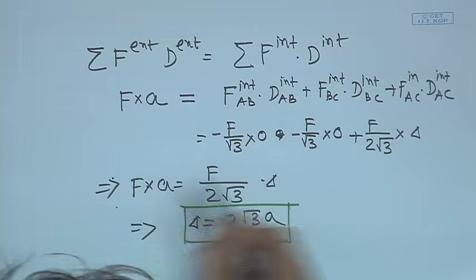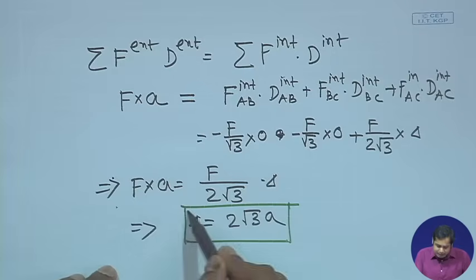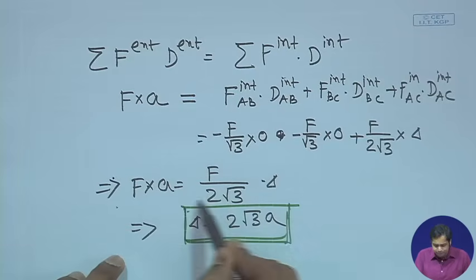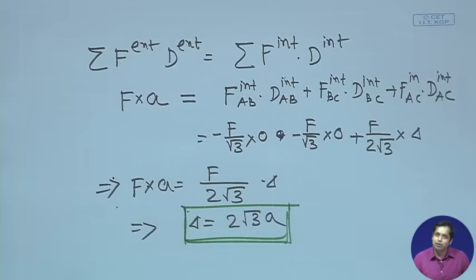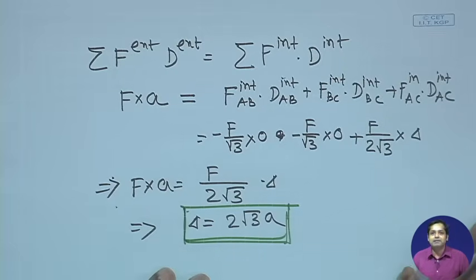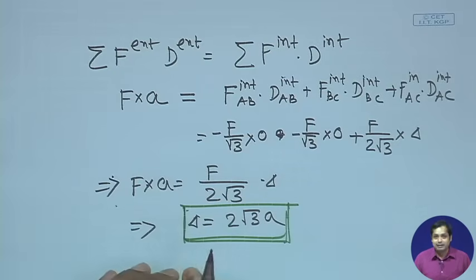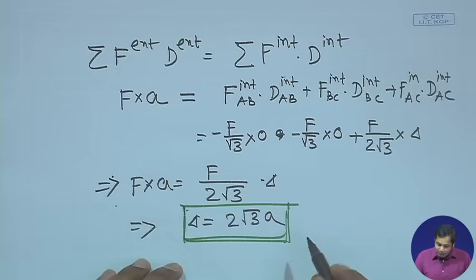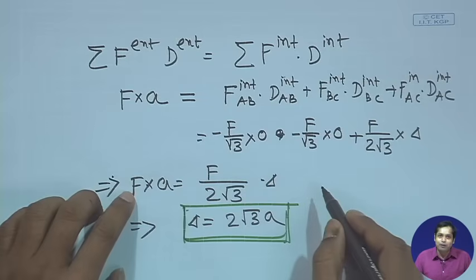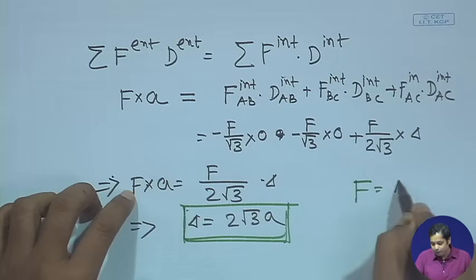Now, here you see F gets cancelled. Since F gets cancelled, for any value of F we get the same delta. This gives us a clue for developing a method. Since for any value of F we obtain the same delta, give F equal to 1.